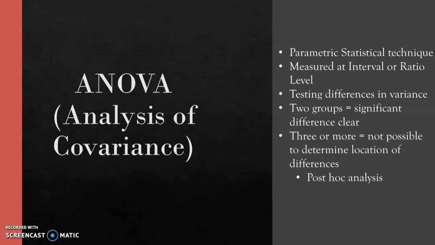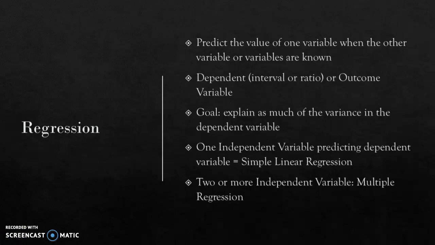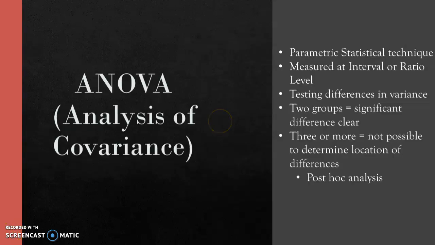Analysis of variance, also known as ANOVA, is a parametric statistical technique conducted to examine differences among 3 or more groups. The variables must be measured at the interval or ratio level. There are many types of ANOVA. Rather than focusing just on differences between means, ANOVA tests for differences in variance.